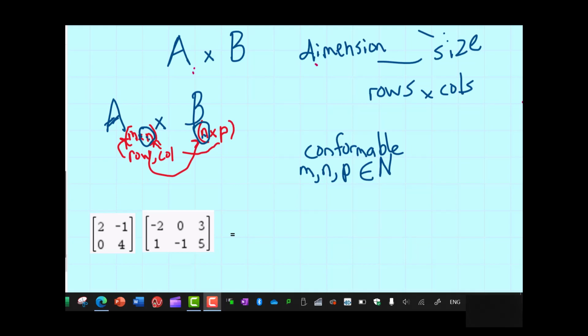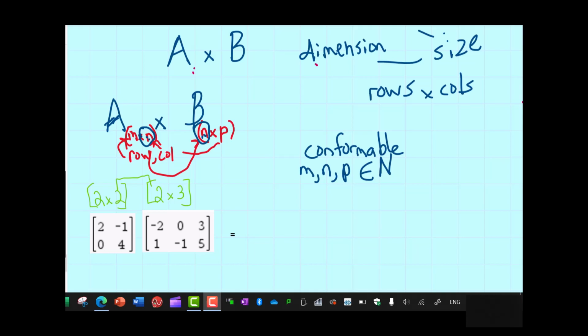So in this case, we have a 2 by 2 matrix, and we have a 2 by 3. That's like saying the first one's A and the second one's matrix B. We can see that these are conformable because the number of columns of the first matrix matches the number of rows in the second.